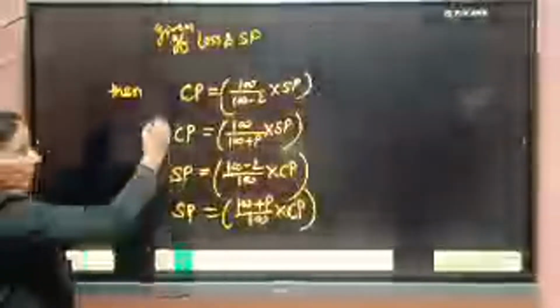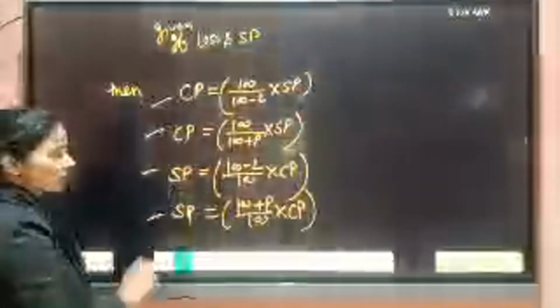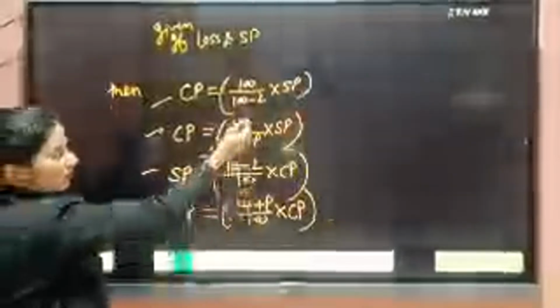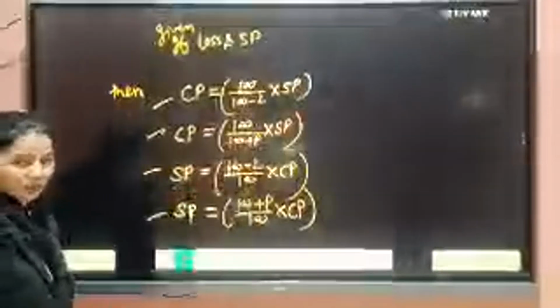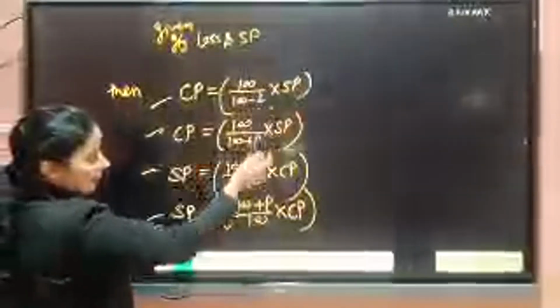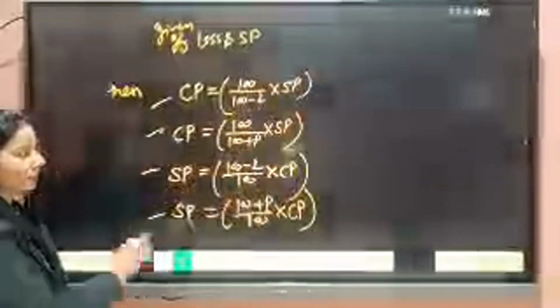So these are formulas for finding SP and CP when loss and profit percentage are given to us, and out of these two quantities, if either is given, we can find the other easily.